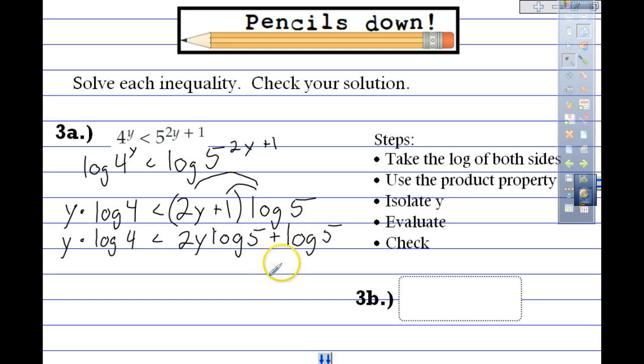Alright, so think of this, we got a variable here, just a number here. So think of it as something similar to, let's say, 4y less than 2y plus 5 or something. We just have to get the variables to the left, numbers to the right. We'd subtract 2y on both sides. Minus 2y log 5, both sides.